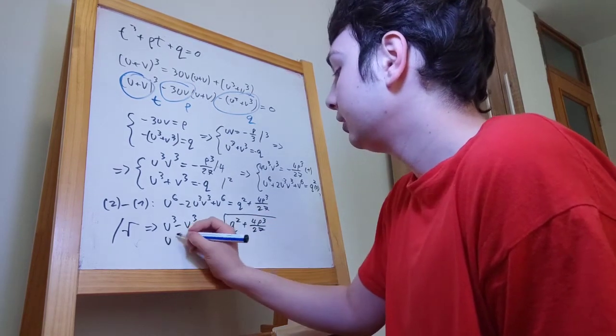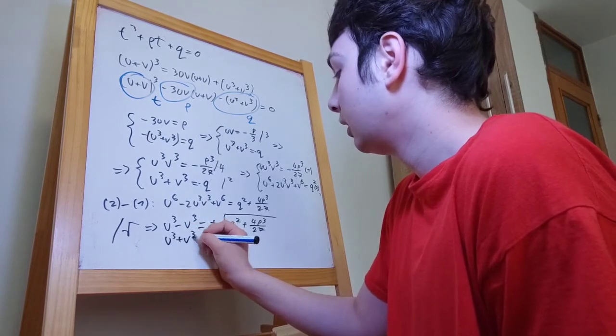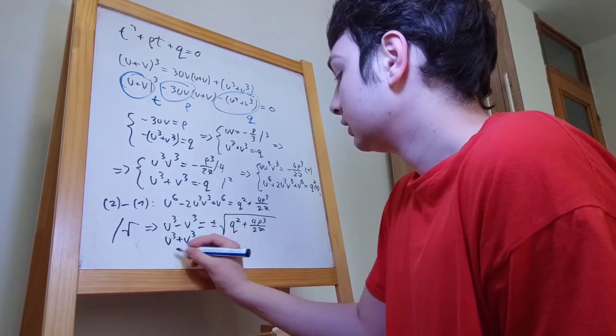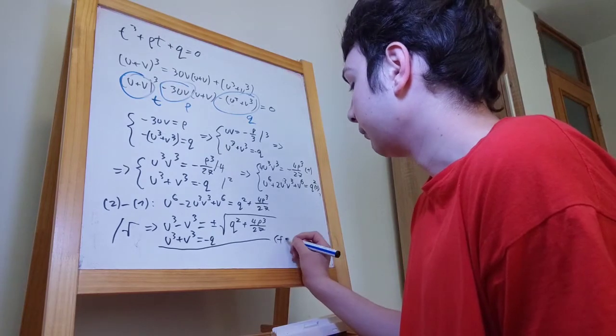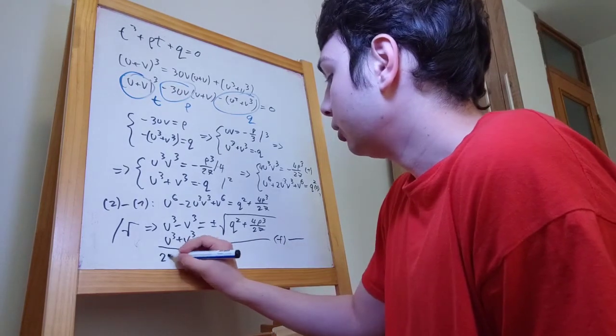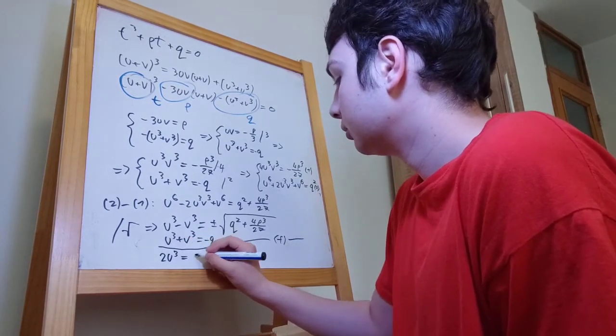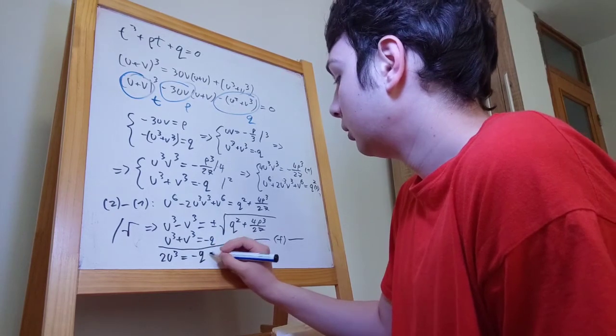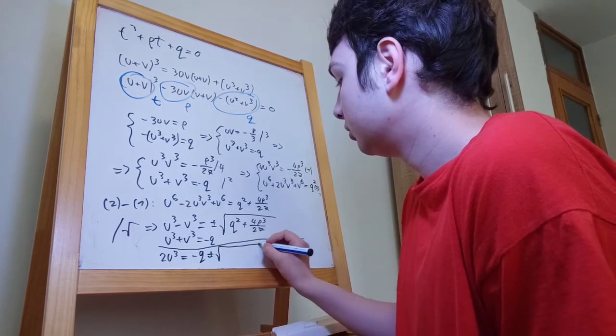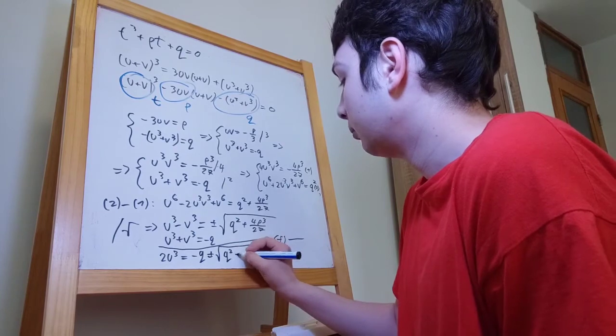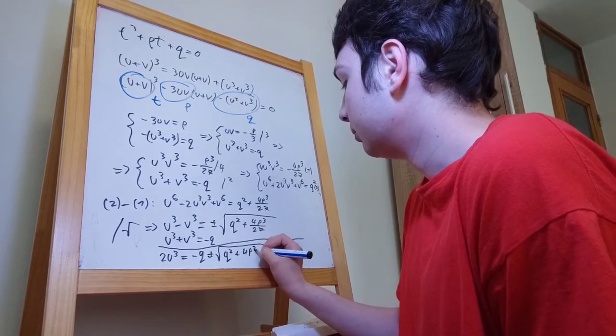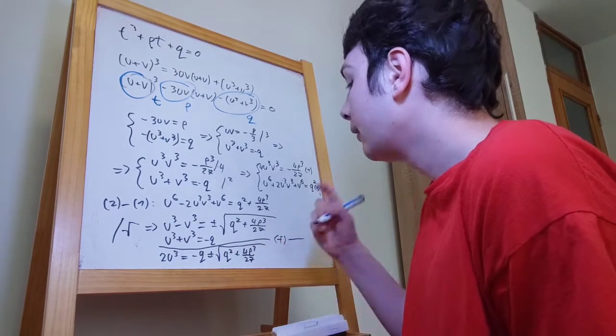But recall that u cubed plus v cubed was equal to minus q. So, in return, we get 2u cubed is equal to minus q plus or minus the square root of q squared plus 4p cubed over 27.